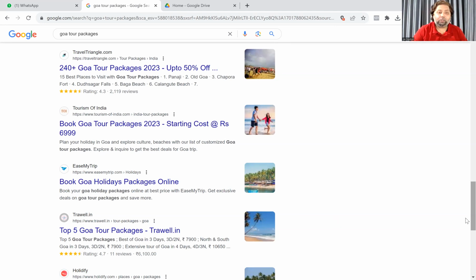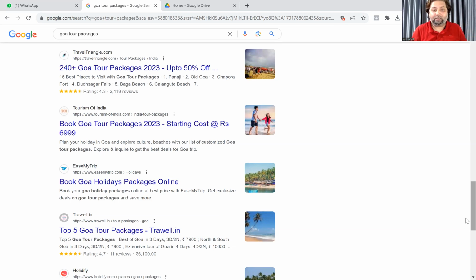See, it applies to every keyword, not only travel related keywords. I'm just giving some example of what I meant by SEO friendly domain. I have typed Goa tour packages, and if you have Goatourpackages.com, it is fantastic because it is an EMD, an exact match domain, which matches with my search. And it has greater value than other domains.